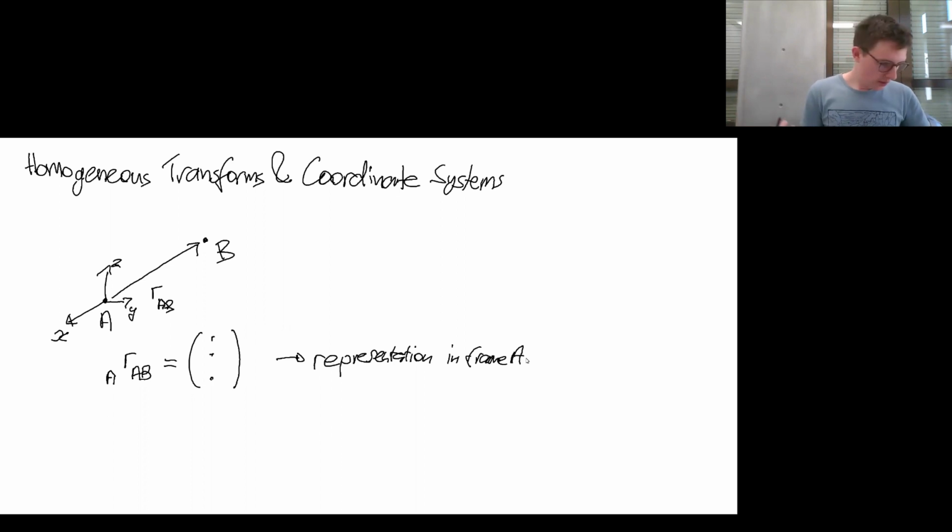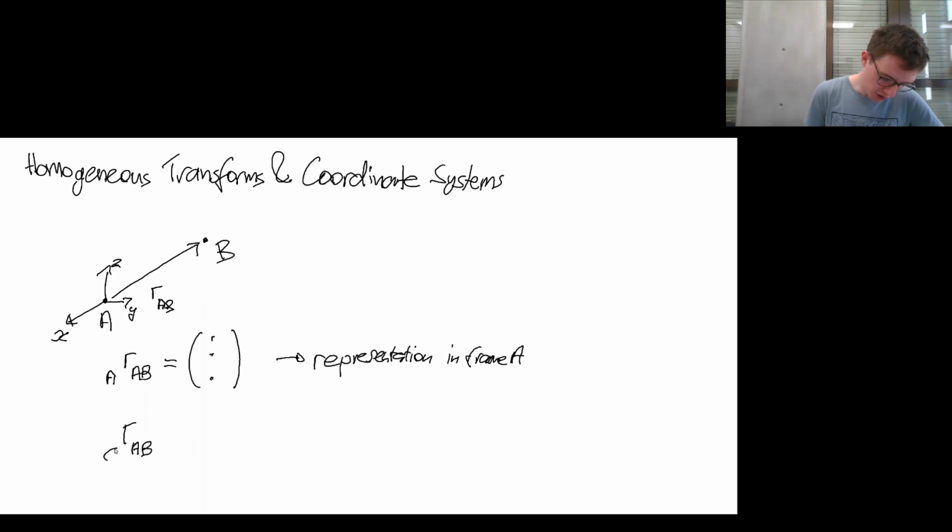So sometimes it might happen that we want to represent a vector in a different coordinate frame than we are provided. And what you need to do that is coordinate transforms. So imagine you want to represent the vector RAB in a different coordinate system.